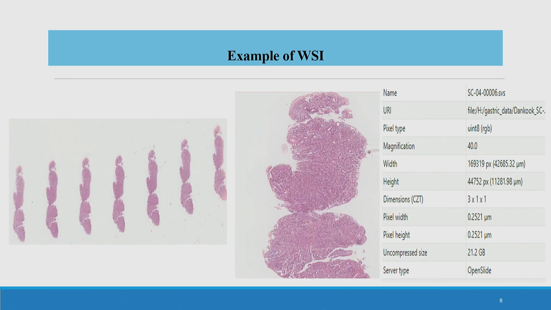But in this case you can see the size is 21 GB, and the width and the height you can see here: the width is 169,319, and the height is 44,000 something. So dealing with whole slide imaging is also very challenging.